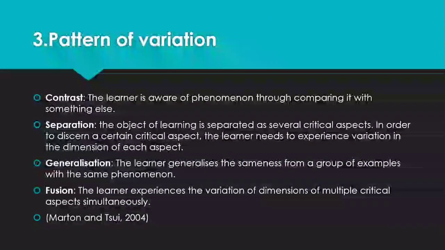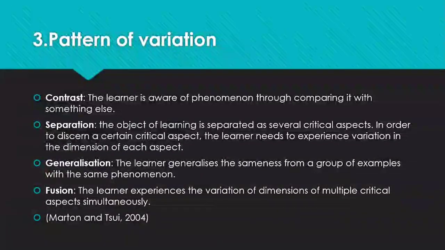Still the example of the price hike. What can cause a price hike? There are two reasons, supply and consumption. So supply will be one critical aspect and consumption will be another critical aspect. What the educator needs to do is show the learner each critical aspect.